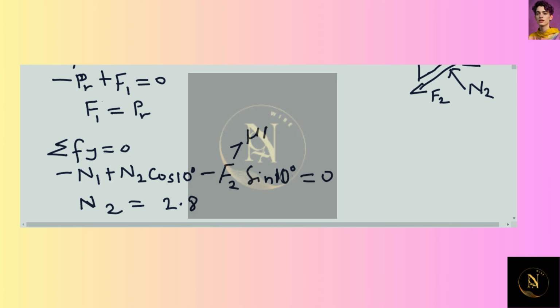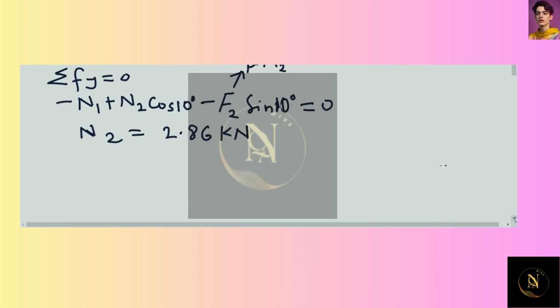So when you plug in all your values, you're going to have 2.86 kilonewton as your N2. Of course, you know N1 already from before.